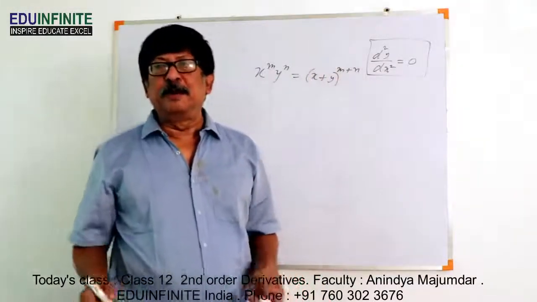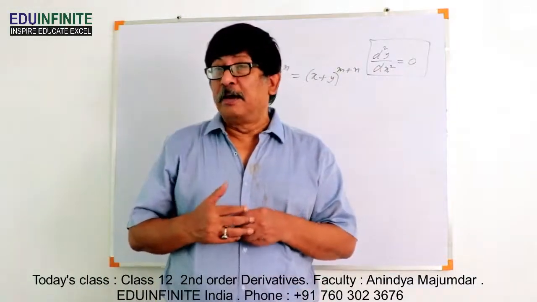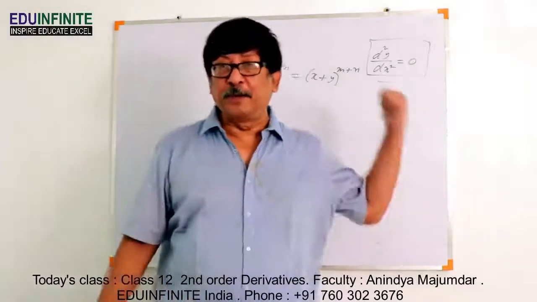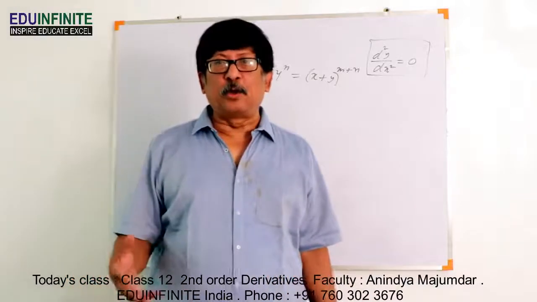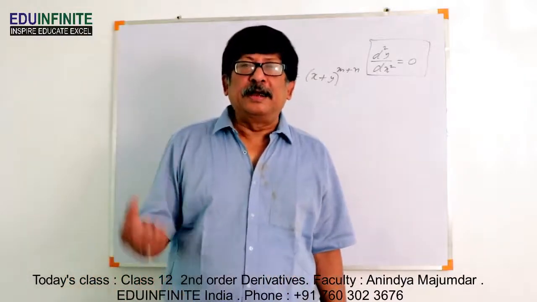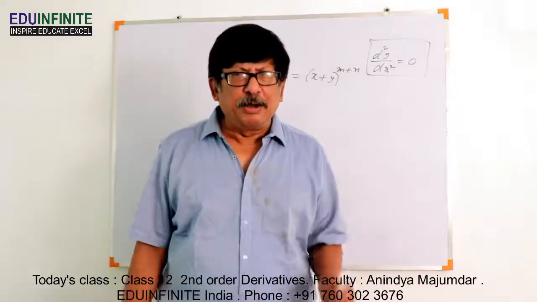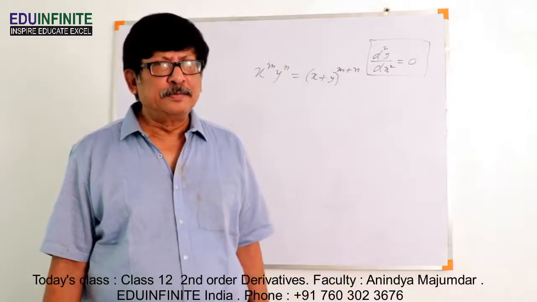Can anyone tell me, first of all, we have done this sum. Not only did we do this sum, I showed you how many different types of sums can be generated from this particular sum. And the result is almost as important as the formula. Can anyone recall what was the answer for dy/dx? y by x.